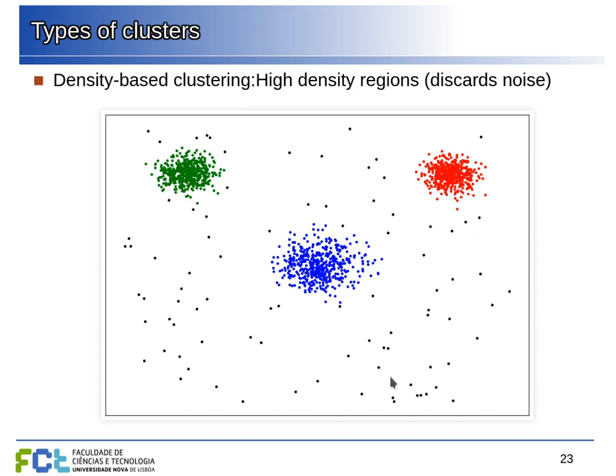So we can, in this case, using density-based clustering with noise, adapt our results to data where we want to discard low density regions and just identify those contiguous regions of high density.